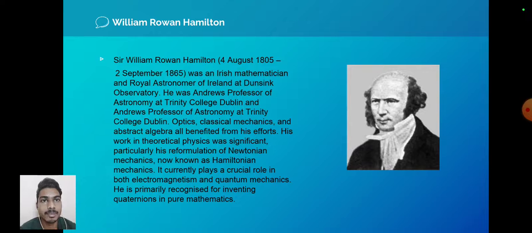And William Rowan Hamilton. Sir William Rowan Hamilton, from 4 August 1805 to 2nd September 1865, was an Irish mathematician and Royal Astronomer of Ireland at Dunsink Observatory.